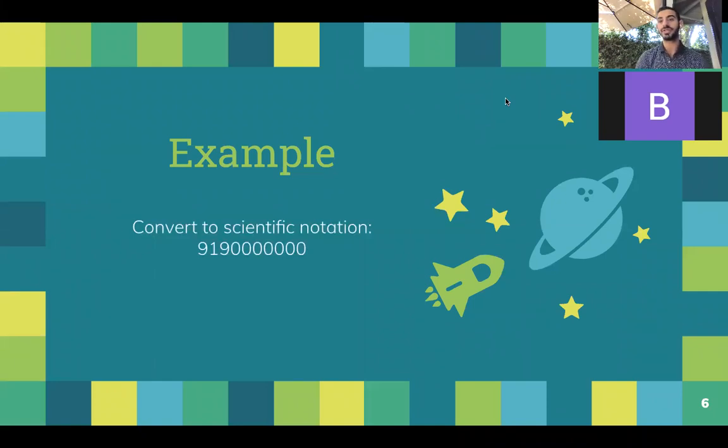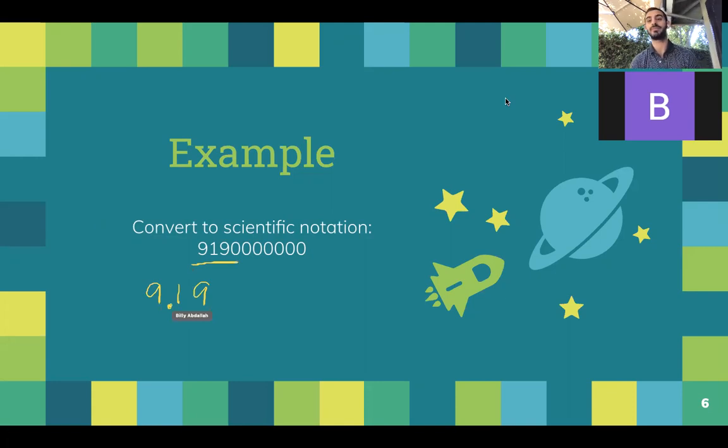So the first thing we want to do is find out what our coefficient's going to be. And it seems like these numbers would work well for our coefficient. Okay? And in order for this number to be a number between 1 and 10, we'd have to put a decimal point here.